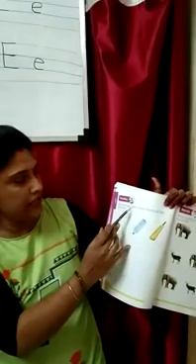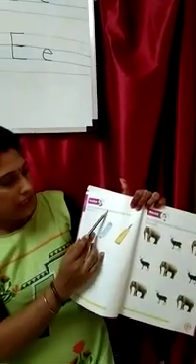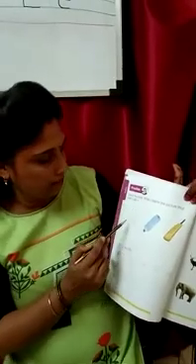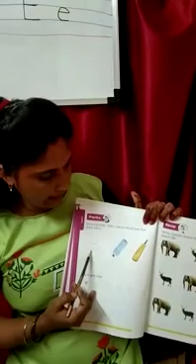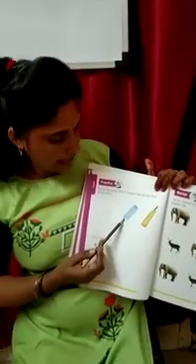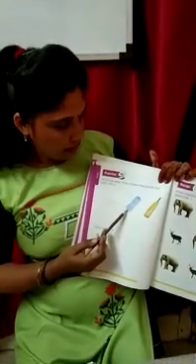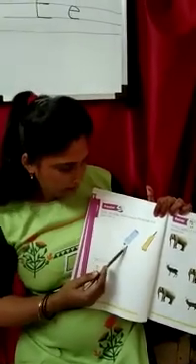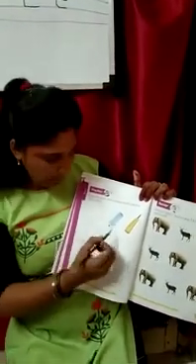See kids. Mention the date. Trace the letter E below the picture that starts with E. You trace the small e, and write the small e below empty.